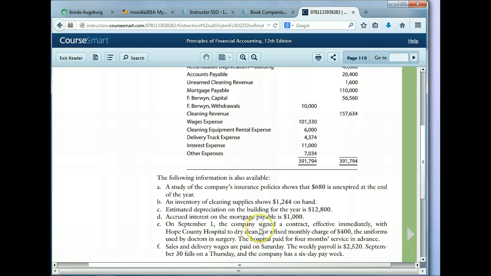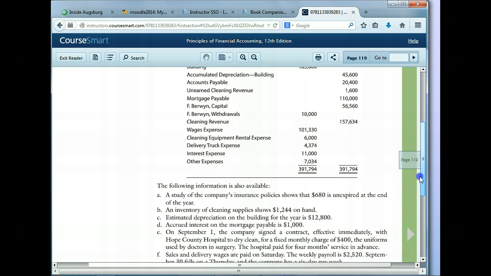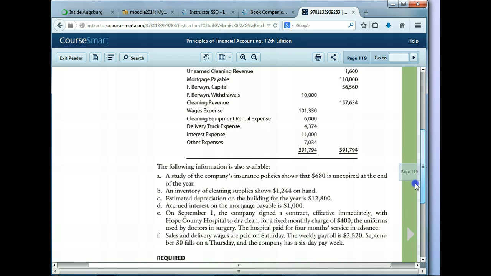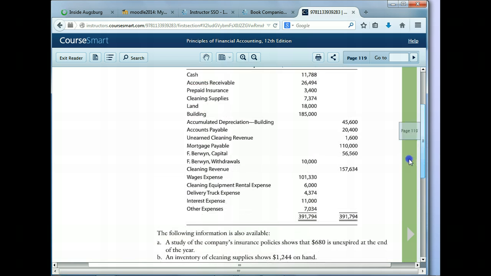Next, on September 1st, the company signed a contract effective immediately with Hope County Hospital to dry clean, for a fixed monthly charge of $400, the uniforms used by the doctors in surgery. The hospital paid for 4 months' service in advance. So September 1st is when the contract was signed. They paid for 4 months, or $1,600. That was paid on September 1st, and 1 month of that has been used up.